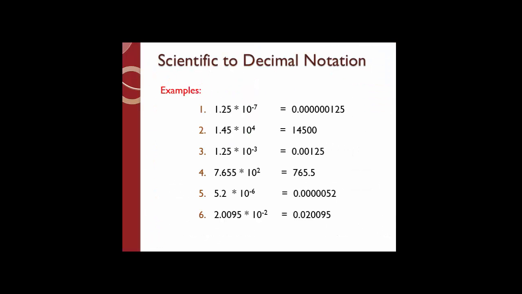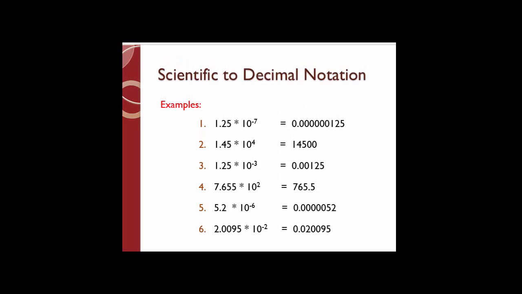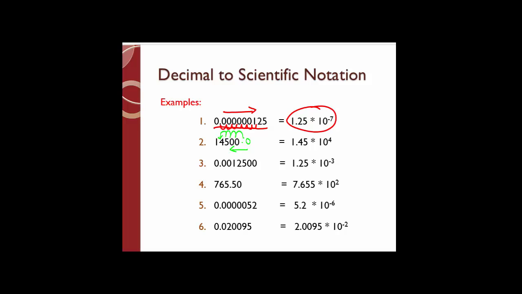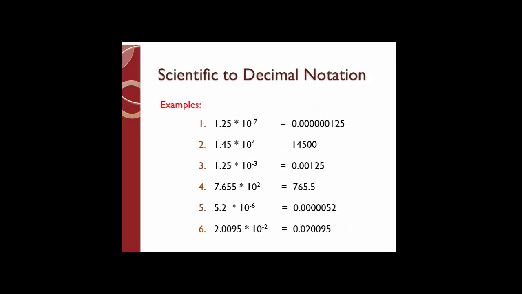All right, so this one is back conversion from scientific to a decimal value. These are very similar examples from the previous slides, but exactly opposite in terms of the conversion process. This one is decimal to scientific, and this one is scientific to decimal.